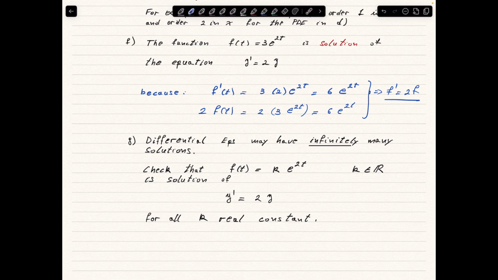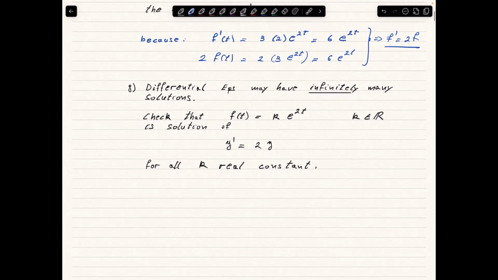And how do we prove this statement? Well, the same way we showed that the previous function is a solution. What we do is we compute f prime. Now f prime is going to be k, and now we need to compute the derivative. K is a constant, it goes outside. The derivative goes only on the exponential, drops a 2, and then we have 2 exponential 2t.